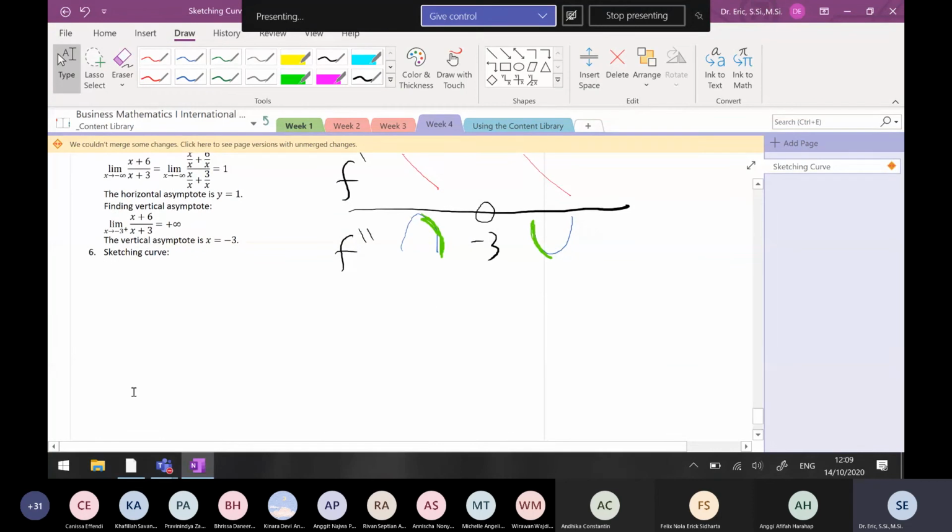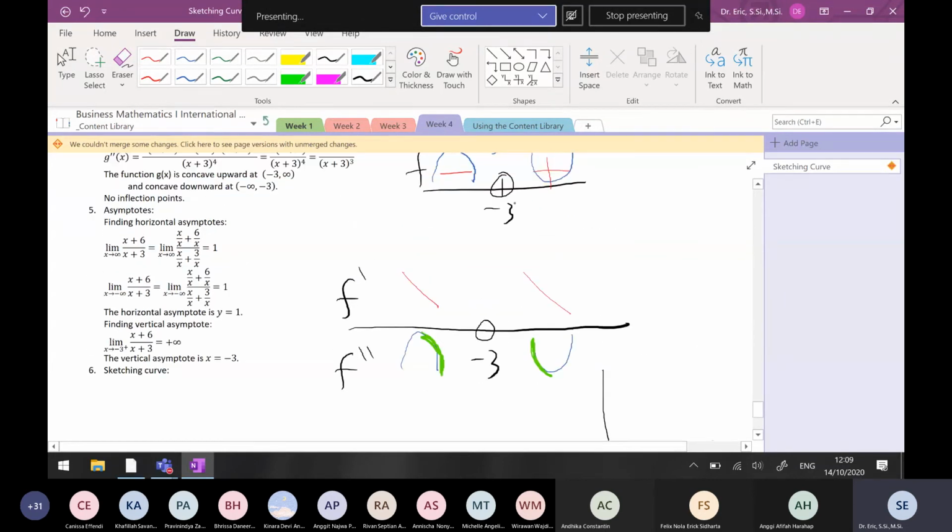Okay, I draw this qualitatively. Maybe this one, yeah. And this -3. Don't forget, if x goes to later.